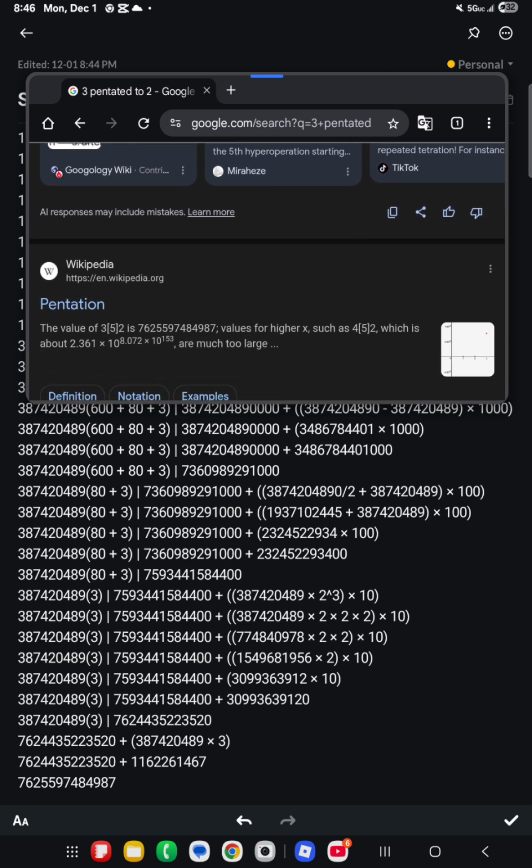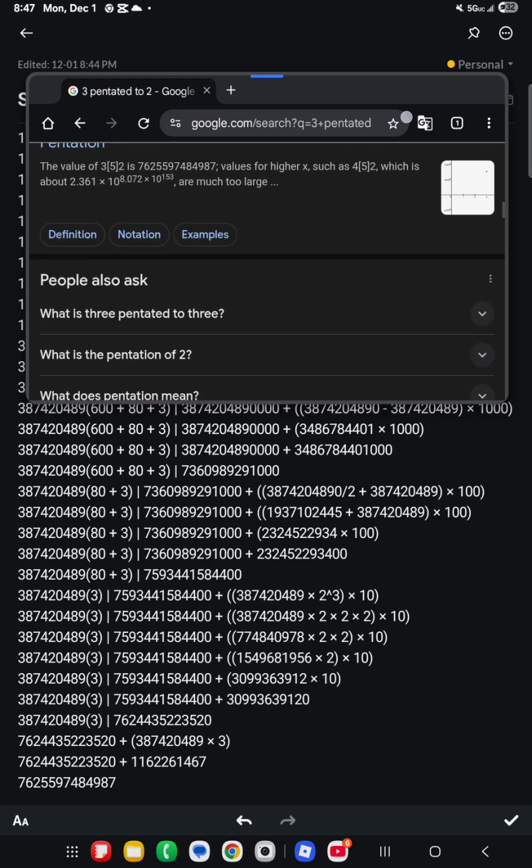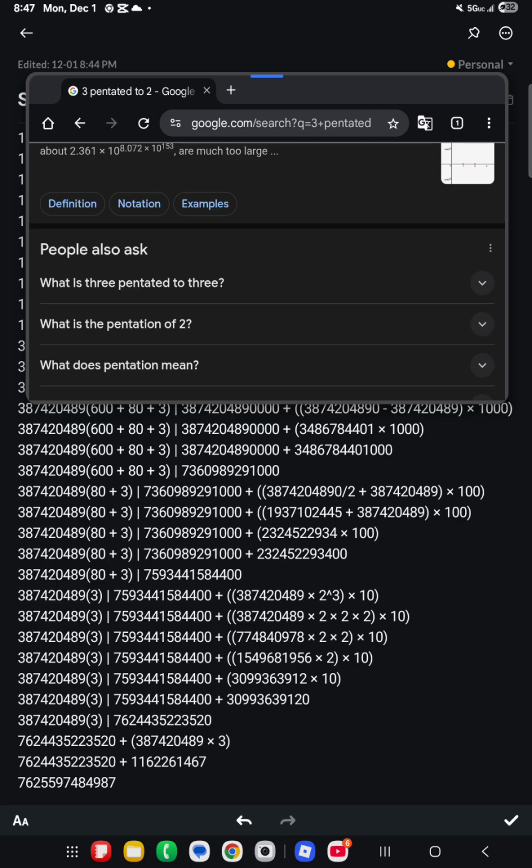Well, I guess I solved it. Thanks to all my intelligence. So I solved the pentation. I solved the pentation equation. Let's do this. Woo.